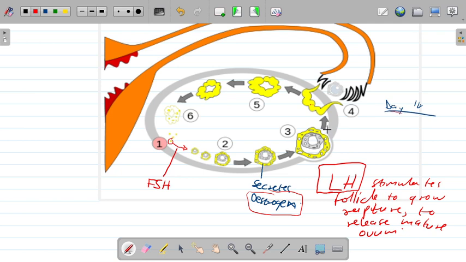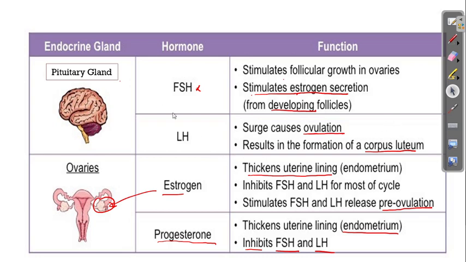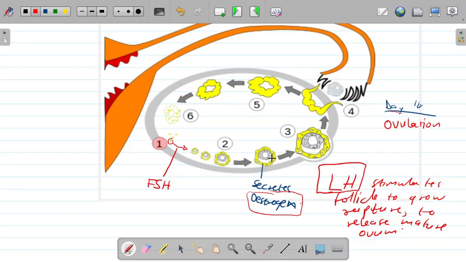So, what is day 14? Day 14 is known as the ovulation. Hence, I told you that luteinizing hormone is basically your ovulation hormone. It causes the Graafian follicle to rupture, resulting in the formation of the corpus luteum.